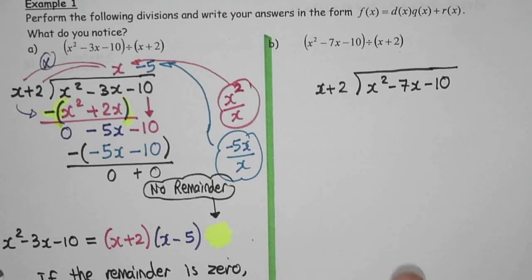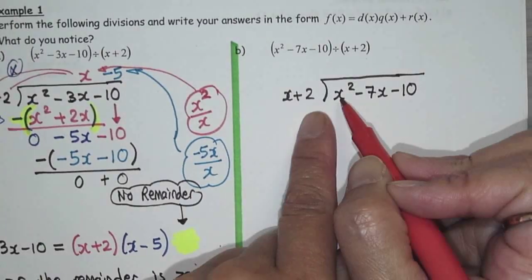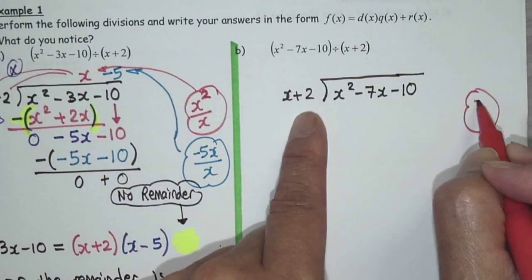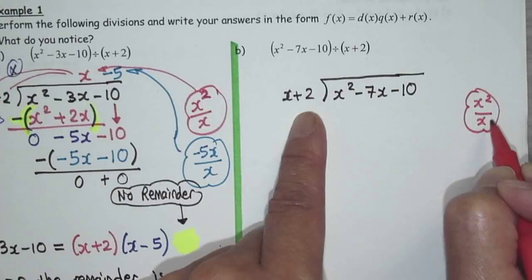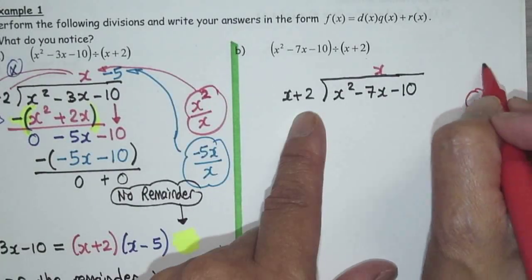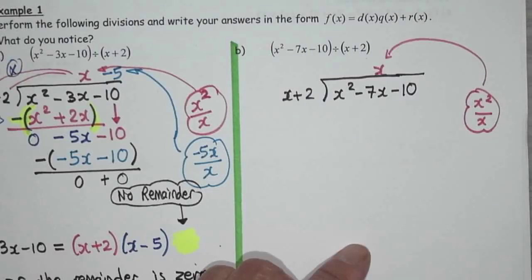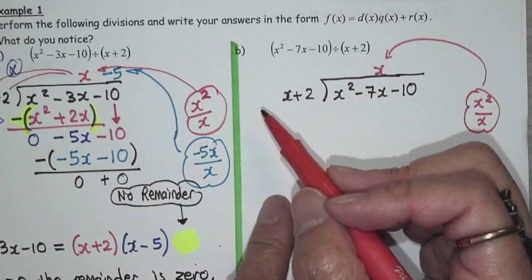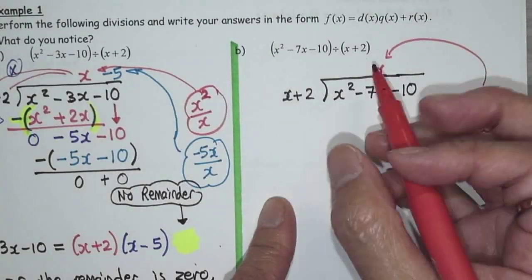All right. So then we are going to look at the first term and the first term. So again, x squared divided by x got me x. That goes here. First one divided by first, the biggest divided by the biggest. Then I multiply it.